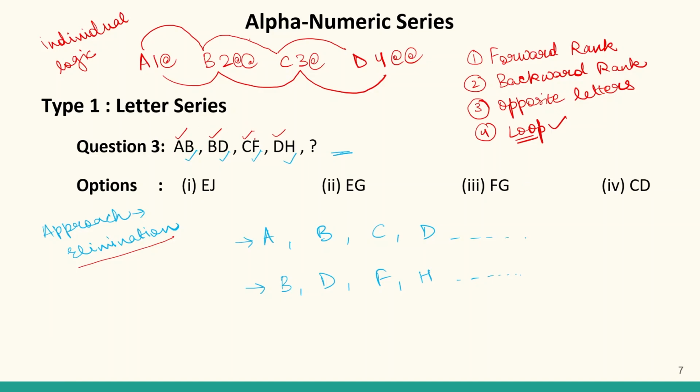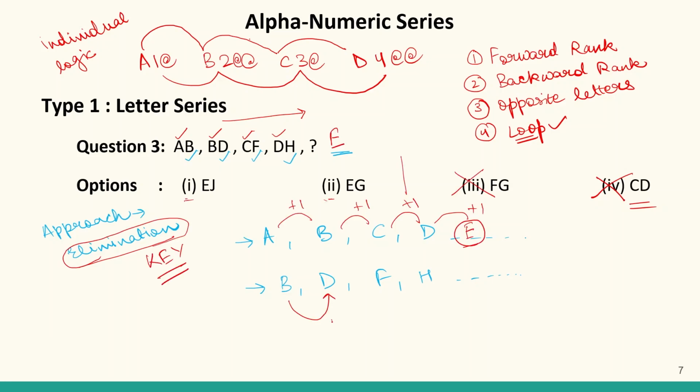It is increasing from A to B to C to D, right? So I can very clearly eliminate this option just by looking. Why? Because this is starting from C and these are in an increasing order, right? So C will not come. So I can very easily eliminate C.